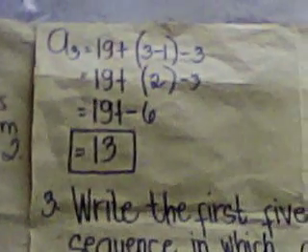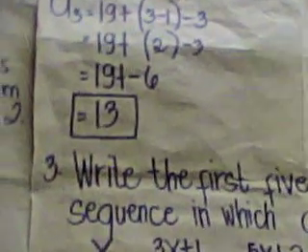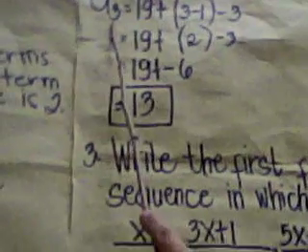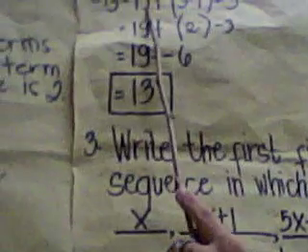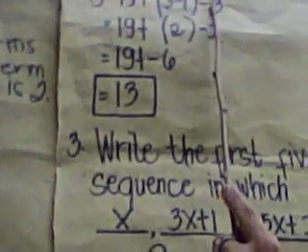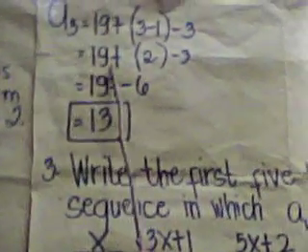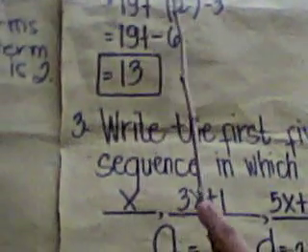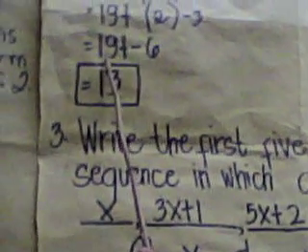Let's proceed to the third term. A sub 3 equals 19, our first term, plus 3 minus 1 in parentheses times negative 3.